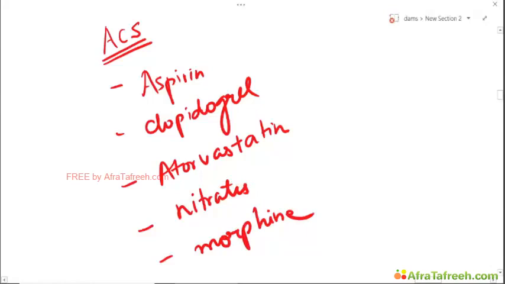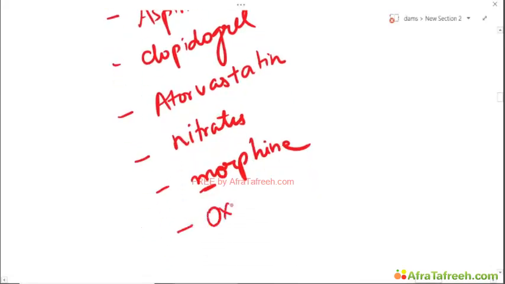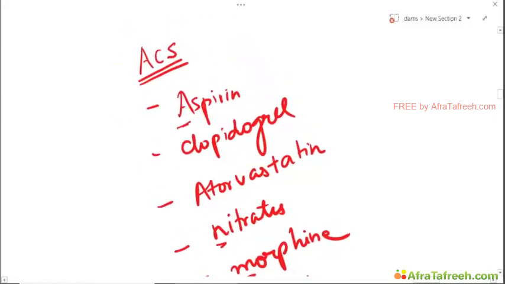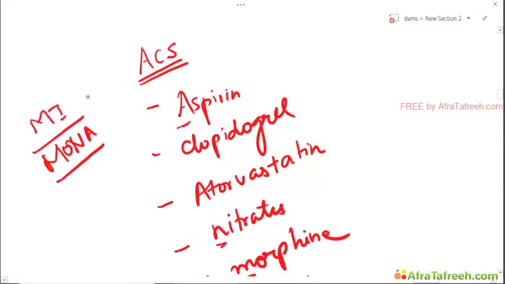Okay, so not all the patients should be given these. Initially, it was called MONA, O for oxygen, N, A. So initially it was said that all the patients of MI should be treated with MONA.